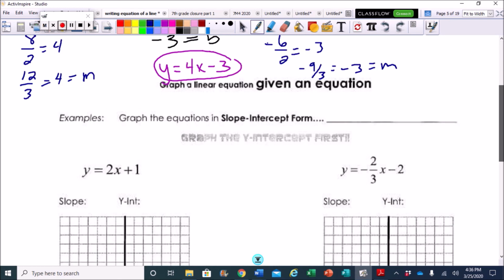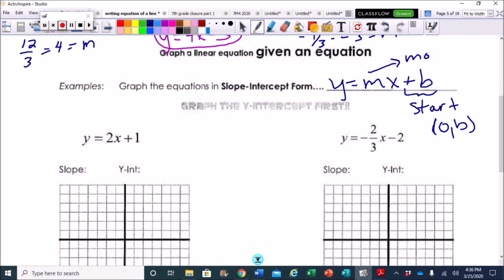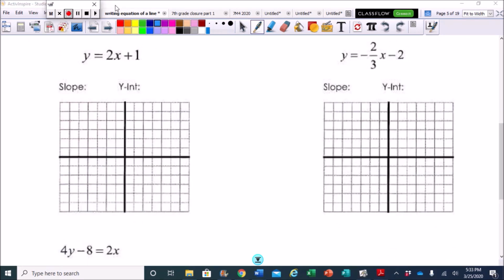So graph of the equation in slope-intercept form is y equals mx plus b, where b is where you start at (0, b), and the m is your movement, your change in y over your change in x. Okay, so the first one. When I'm dealing with y equals mx plus b, I'm going to start with my b.